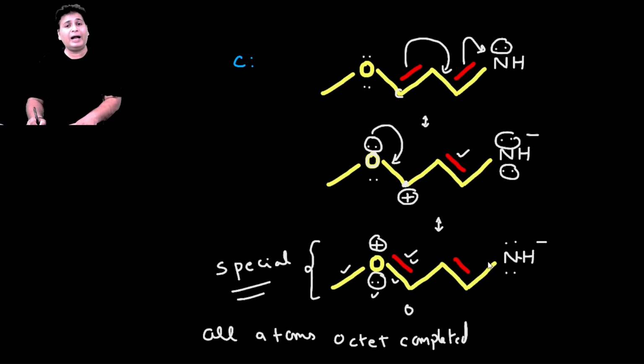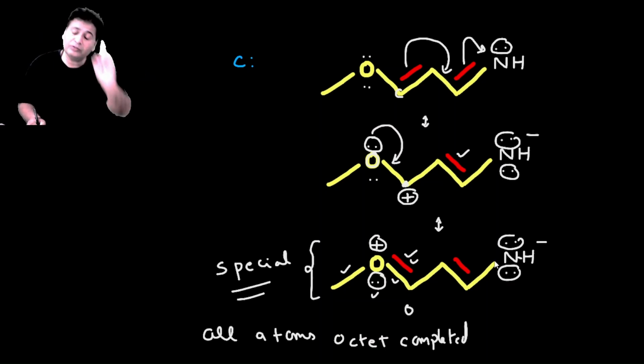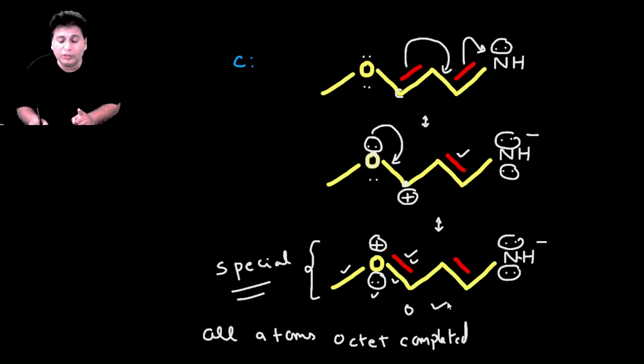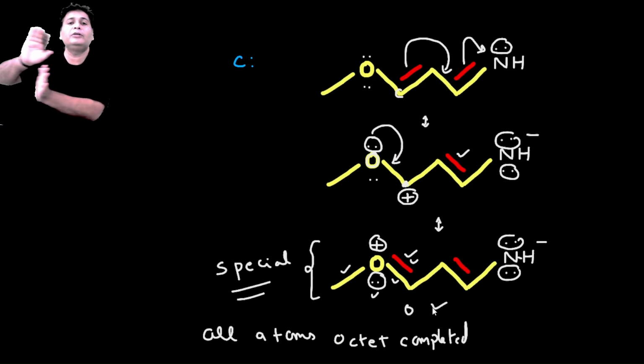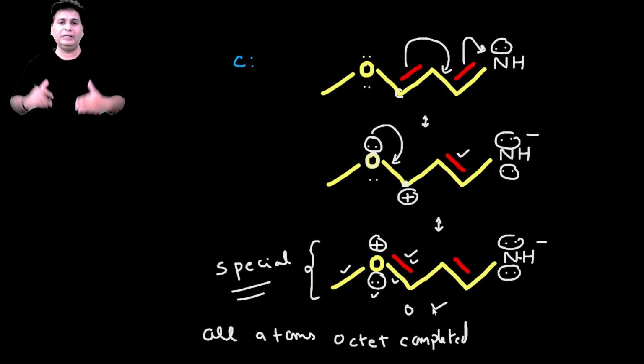So you understand here again the nitrogen is getting an extra lone pair, and another thing, the resonating structure you are getting after the nitrogen has got 2 lone pairs is octet completed.